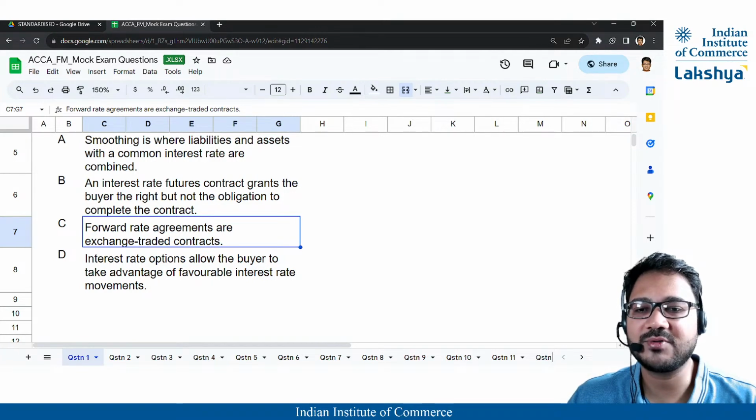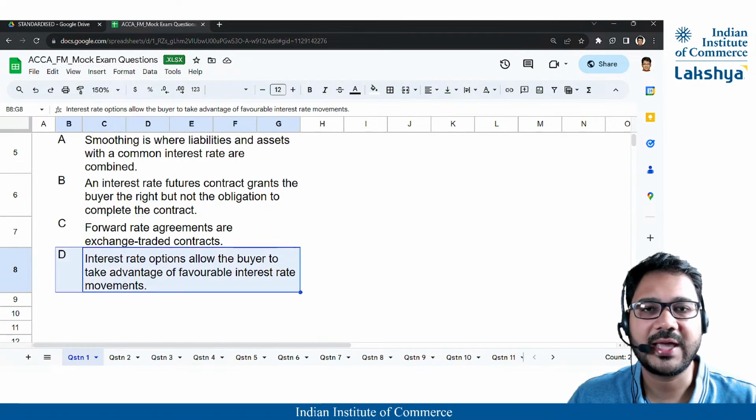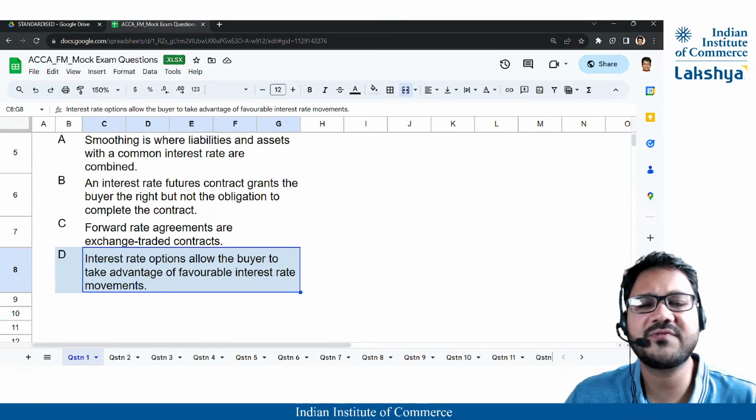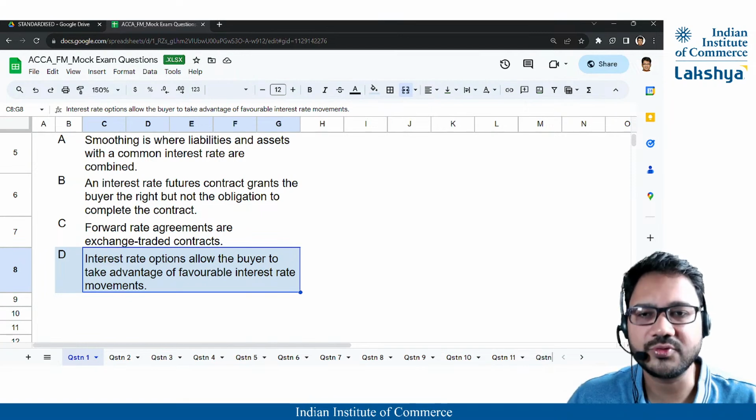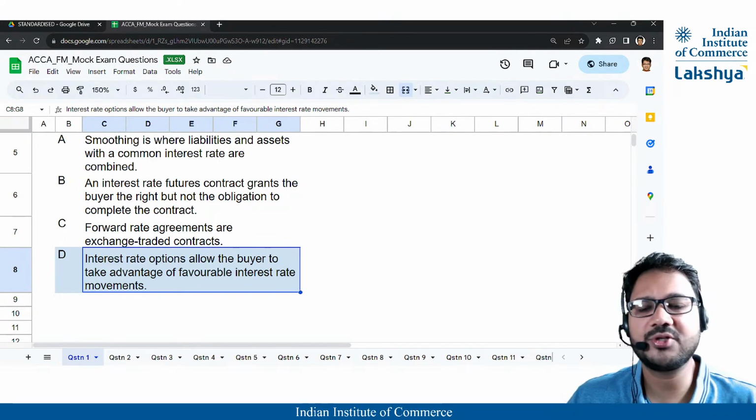Interest rate options allow the buyer to take advantage of favorable interest rate movements, which is absolutely correct. Options give you the right to exercise. So only if there is a favorable movement, you will say that I do not wish to exercise my right and enjoy that favorable move. And during adverse movement, you will exercise it to protect yourself.